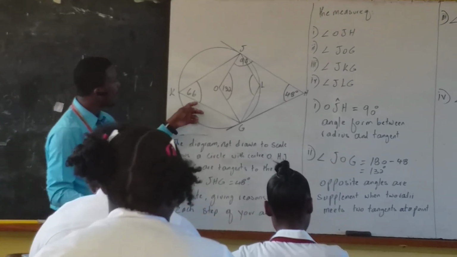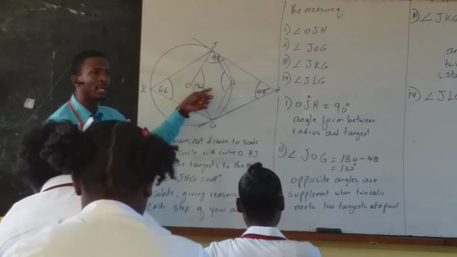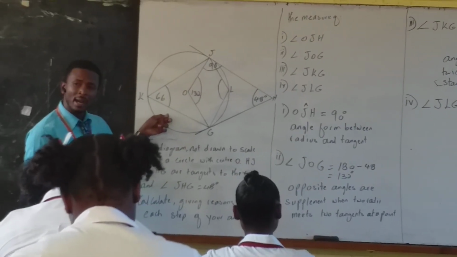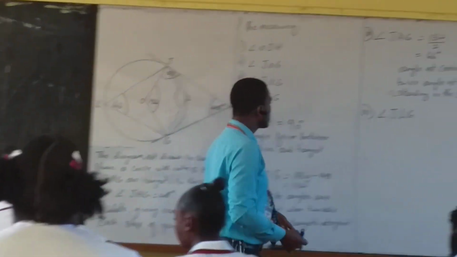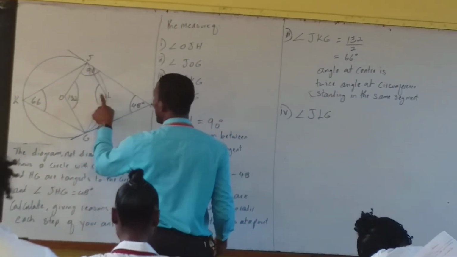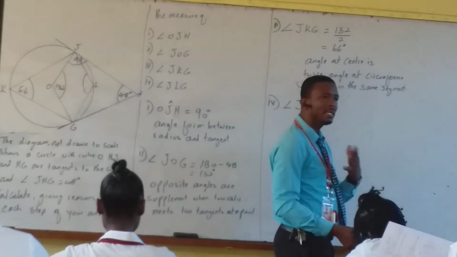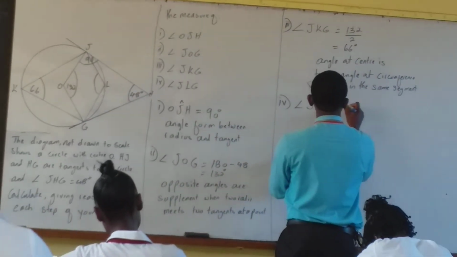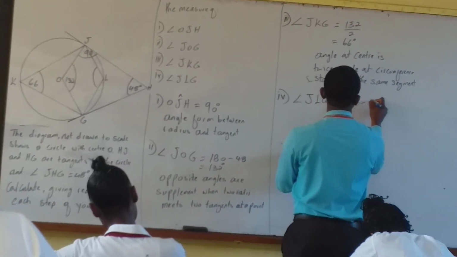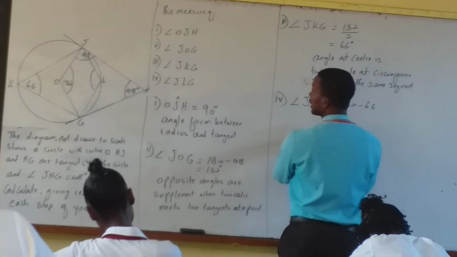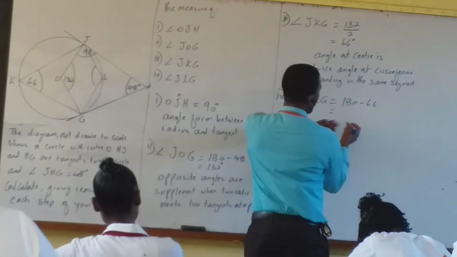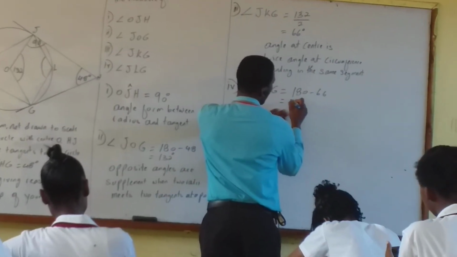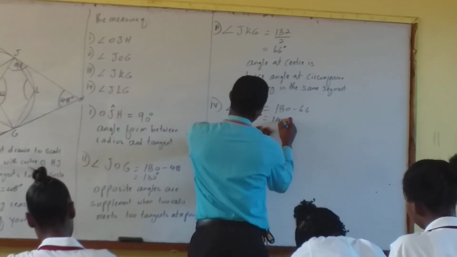And what do we know about opposite angles in a cyclic quadrilateral? They are supplementary. So we know that K and L must add up to 180. So then this is going to be 180 minus 66. Can we see that? Yes, sir. Which is going to end up giving me 140 degrees.